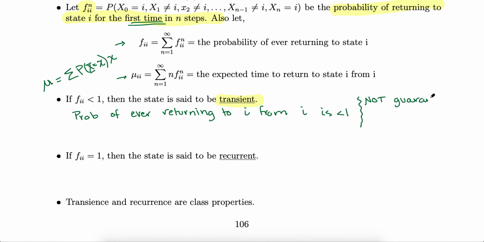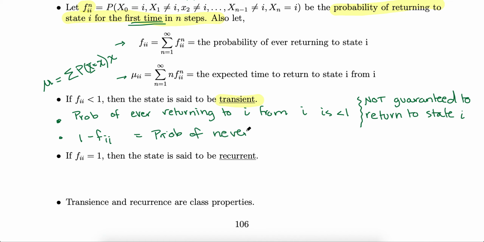And just a second observation to go along with this, 1 minus F_ii would tell us the probability of never returning to state I. Okay, so transient tells us that we're not guaranteed to return to state I when we start in state I. Okay, transient, not guaranteed to return.